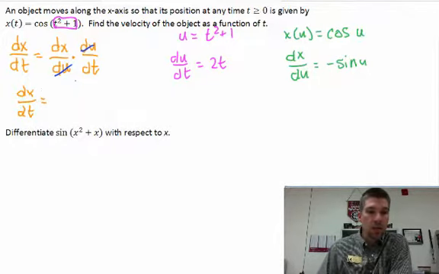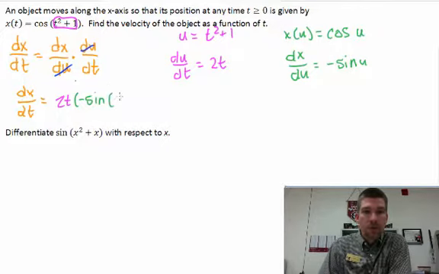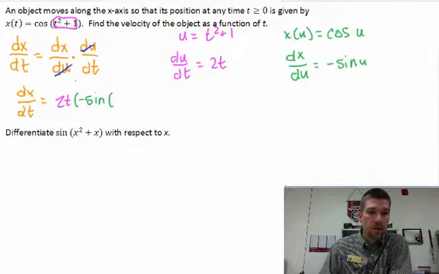And now we put those two things together, and we're going to end up with dx dt, and that's going to equal 2t times negative sine of u, which is t squared plus 1.